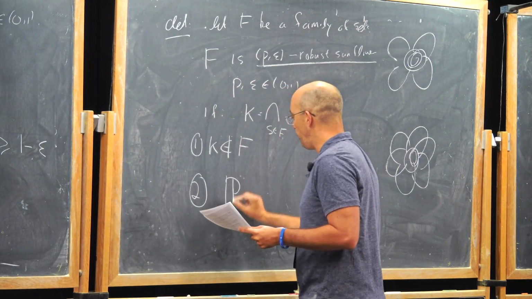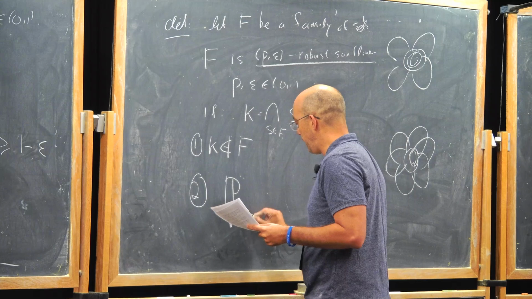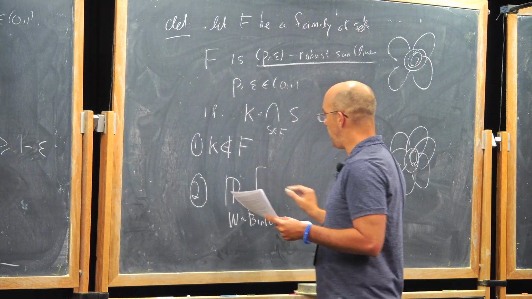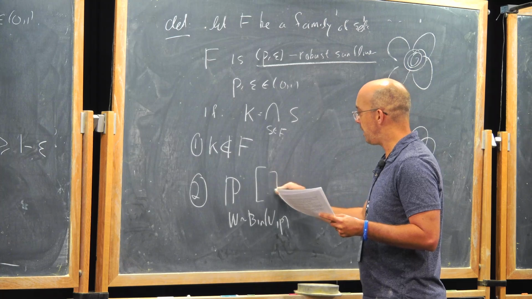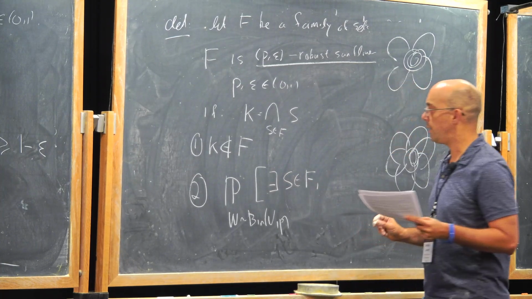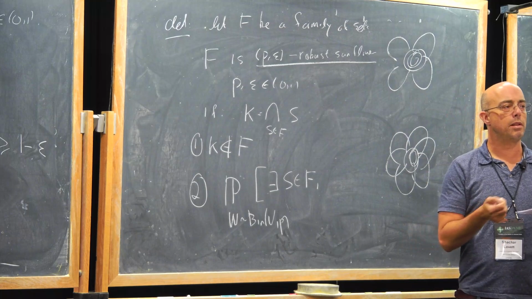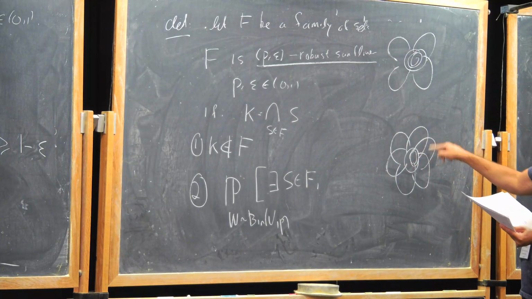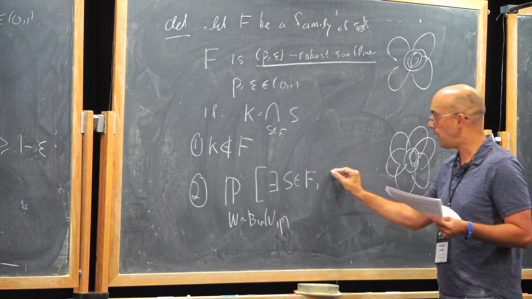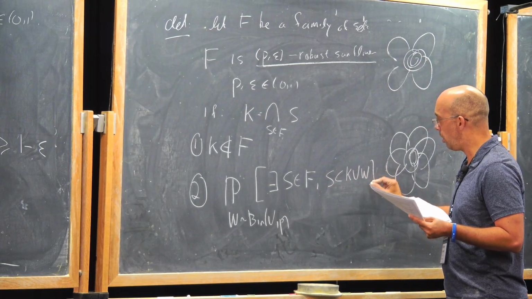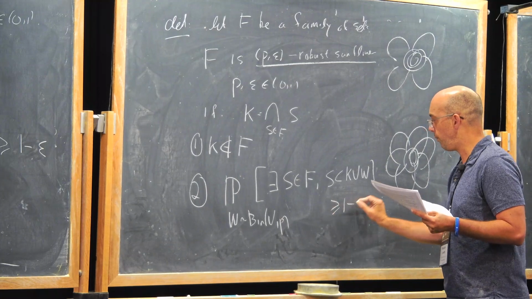If I choose a random p-biased set W, then with high probability there is a set S in my family such that it is inside W, but without the kernel. So the kernel I'm going to give for free, but except for the kernel, I want the other parts to be inside W. So that S is inside K union W. I want this probability to be at least 1 minus epsilon.